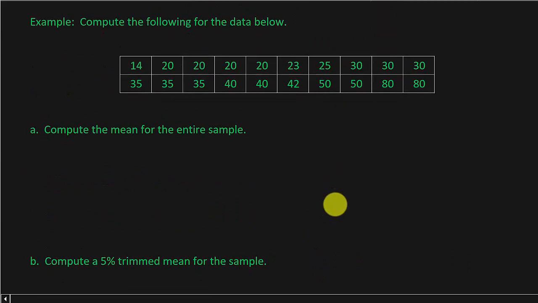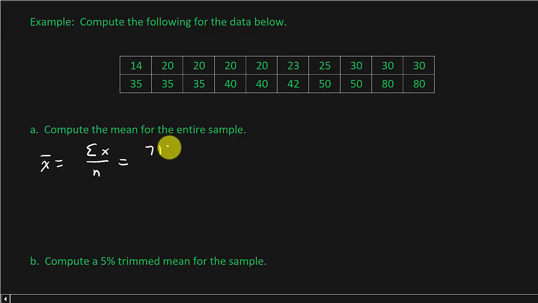To compute the mean for the entire sample, x bar equals the sum of all the x values over n. The sum of all the x values, we're going to take all of these numbers and add them up. I'm not going to write it all out like I did before, but you just punch all these into your calculator and add them up.